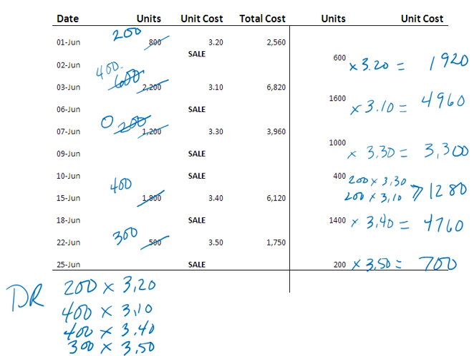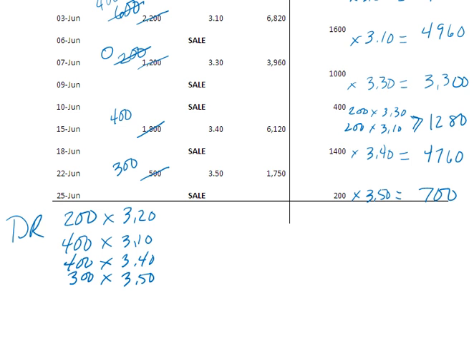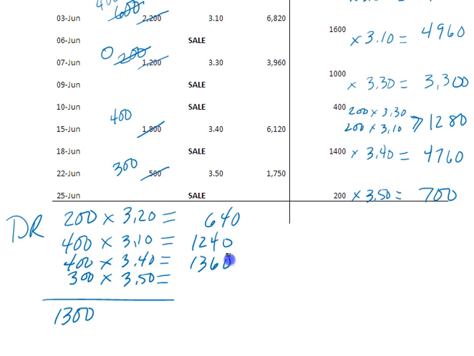So, how many units do I have? That's 1,300 units of ending inventory. And I guess I have to extend these. 200 times 320 is 640. 400 times 310 is 1240. 400 times 340 is 1360.